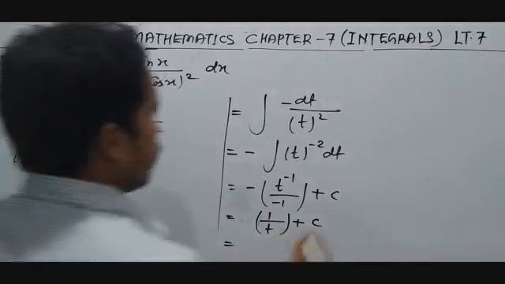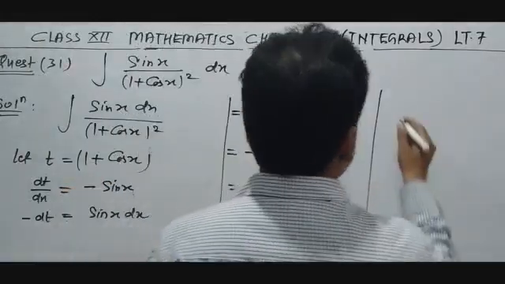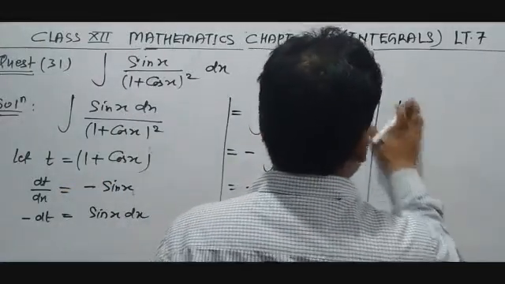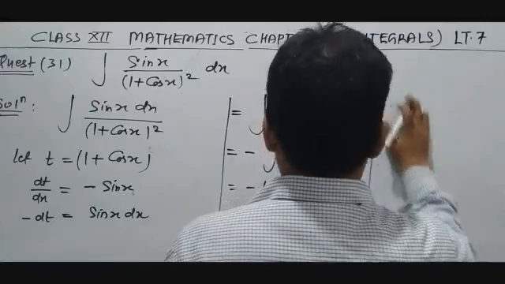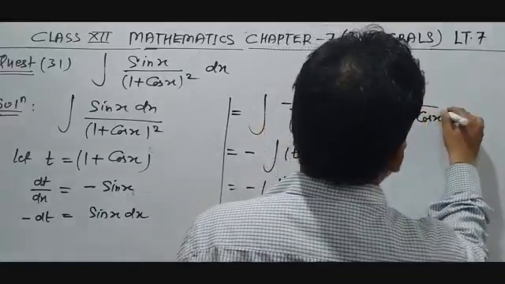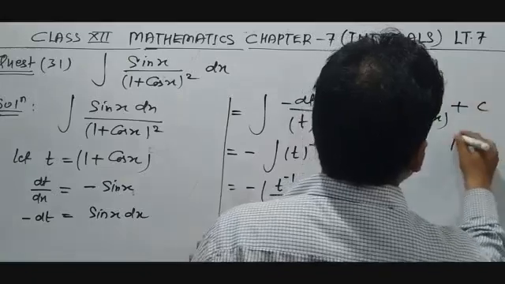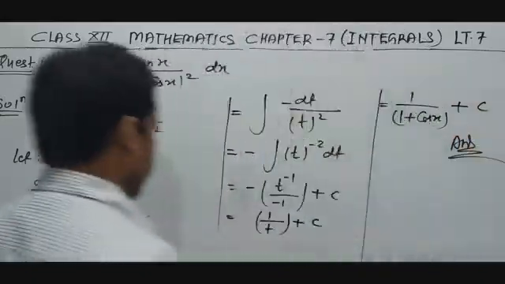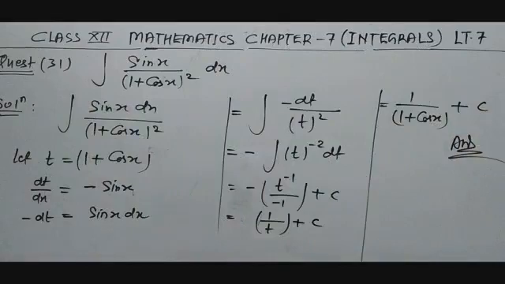So the answer will be 1 upon 1 plus cos x plus c. This will be the answer. So now question number 31 is completed. Now come to the next question, question number 32.